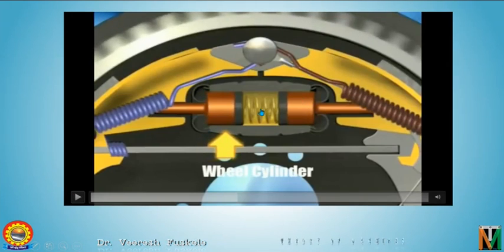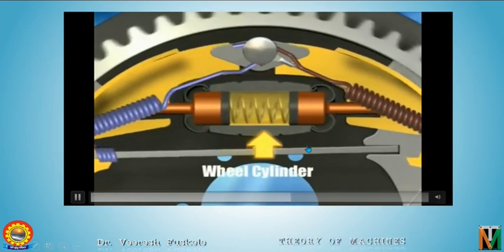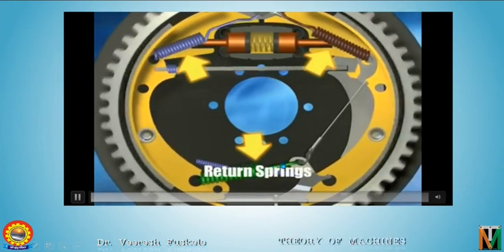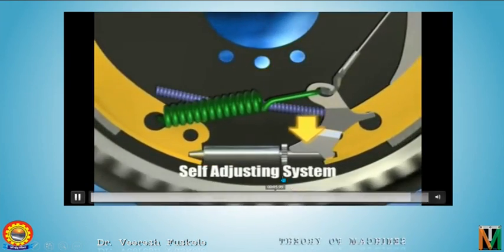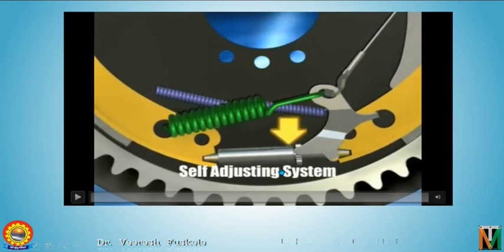This is the spring by which these semicircular shoe brakes are expanded and they are pulled back with the help of these return springs. These are the return springs and this is the self-adjusting system.